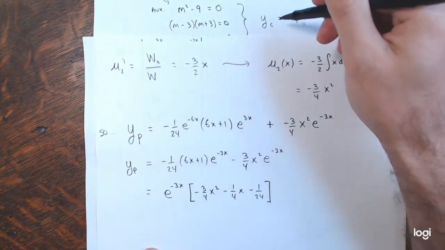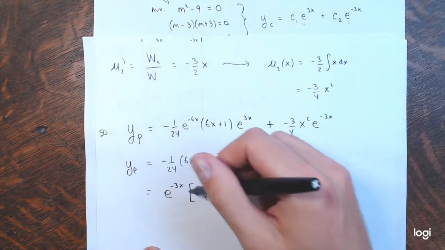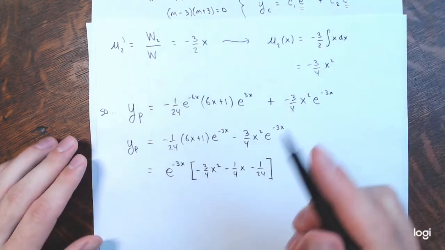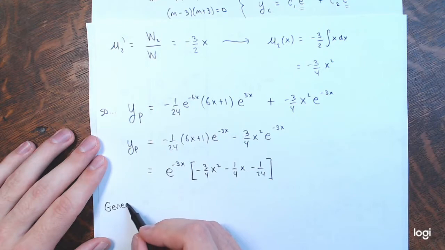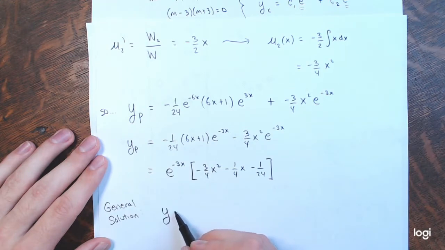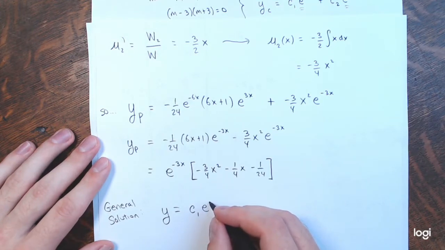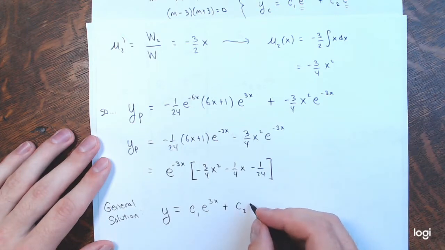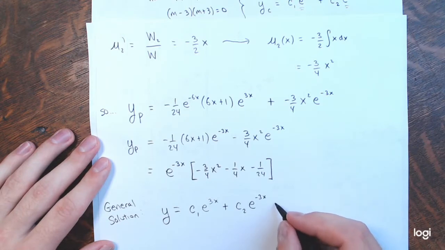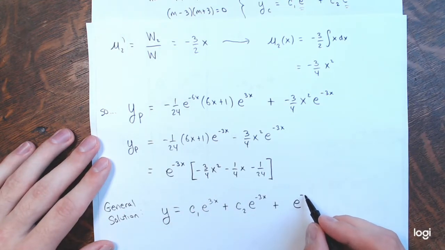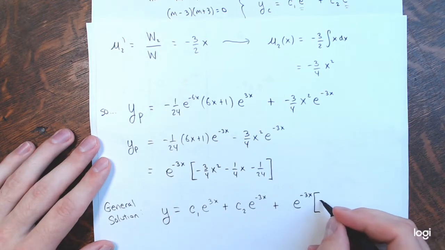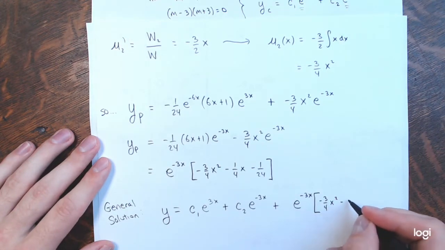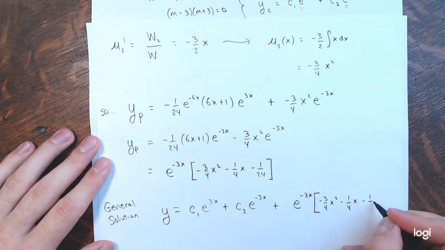And now that I have a complementary solution to the homogeneous equation, and a particular solution to the non-homogeneous equation, we can write the general solution. Y equals some constant c1 times e to the positive 3x, plus some constant c2 times e to the negative 3x, plus this particular solution, e to the negative 3x times the quantity negative 3/4 x squared minus 1/4 x minus 1/24th.